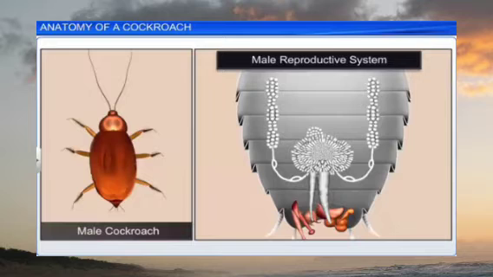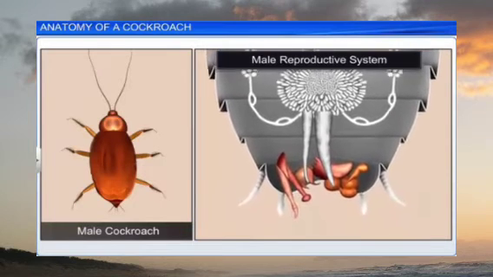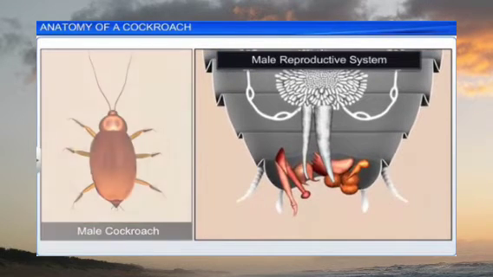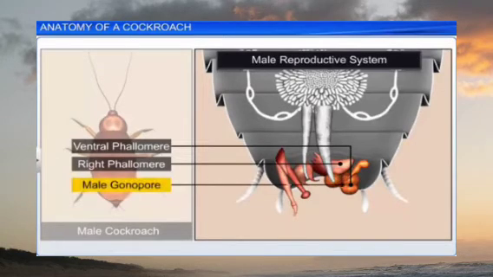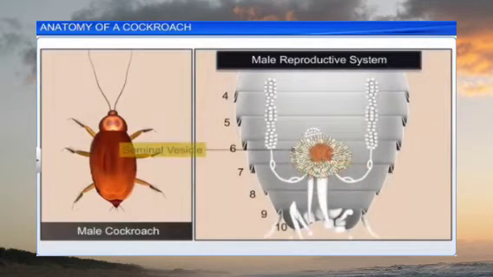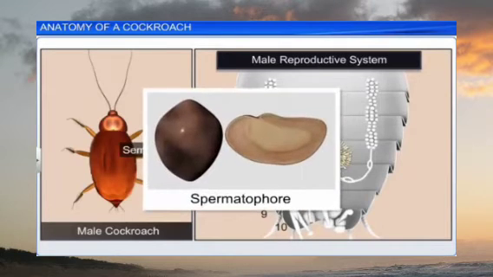In cockroaches, the male gonapophysis or phallomere represents the external genitalia. These phallomeres are asymmetrical structures made up of chitin and surround the male gonopore. Sperm is stored in seminal vesicles and forms spermatophores, which are discharged during copulation.